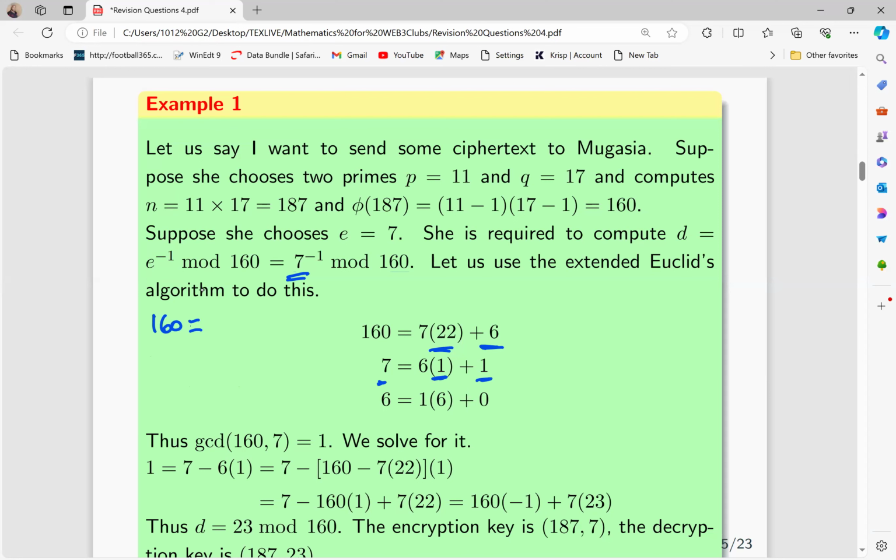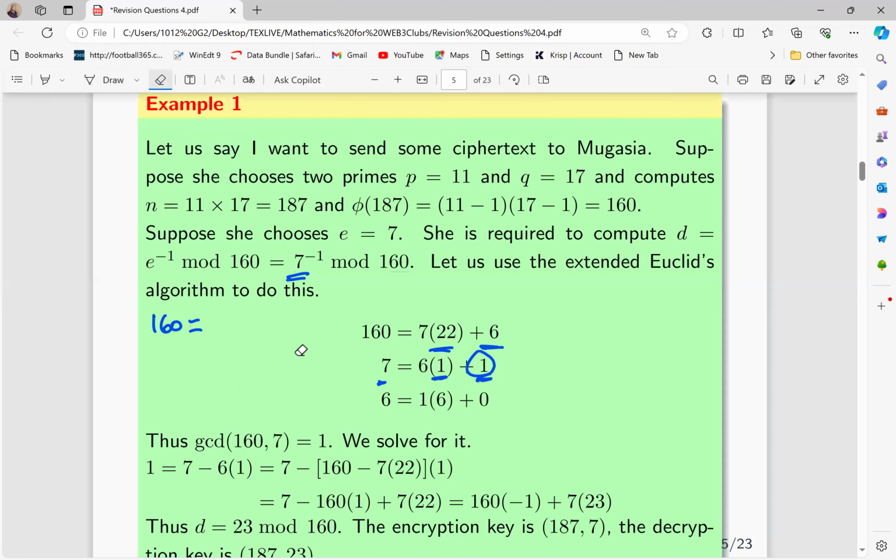So this one is the GCD, just as we were doing last time. You solve for the GCD. So the GCD is 1 in this case.